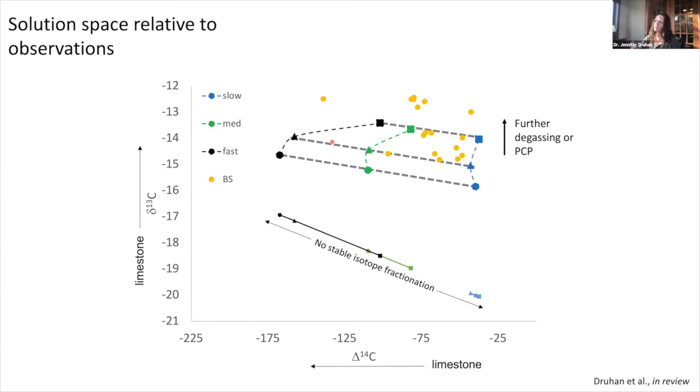And even still, we actually see some delta 13C values that are more elevated, closer to positive values than what we can encapsulate in the model. And we think that this may actually be a small but not negligible amount of degassing from these fluid drip samples before we actually collect them, potentially evidence for the subset of the drip waters that are actively precipitating and forming that speleothem record. So we're really excited to push this one forward.